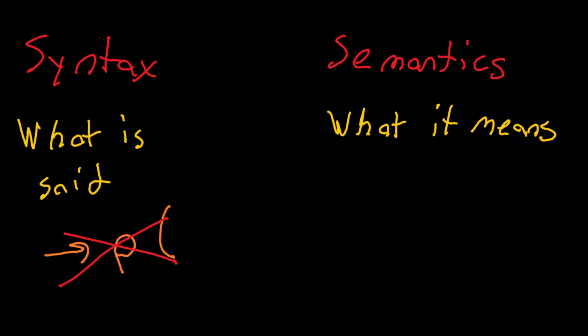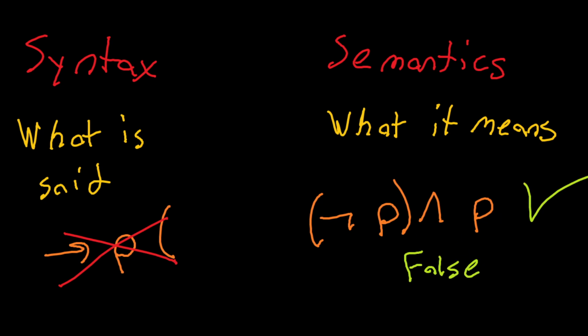There are other statements like the statement not P and P, where this statement will always be false. However, as far as we're concerned, this is a syntactically valid statement. I can write this down, even if it's always false. At least it's a legal arrangement of symbols. So there's a little distinction there.